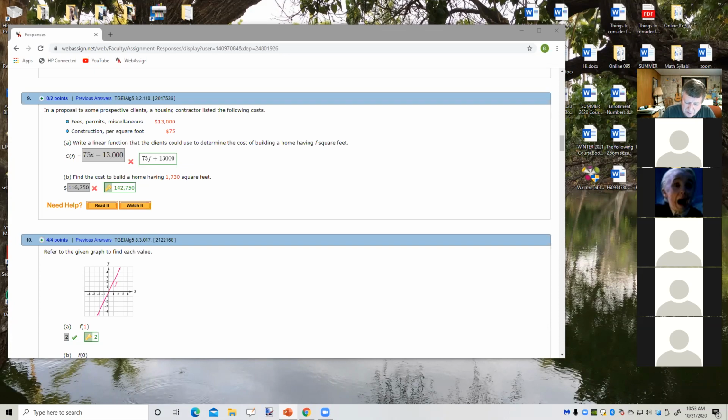Okay, so the $13,000, that is a one-time fixed cost. The $75 per square foot is going to change depending on how many square feet. So from that, your equation would become C of F equals 75F plus 13,000. And let me look at that.